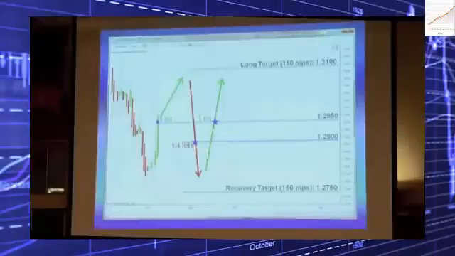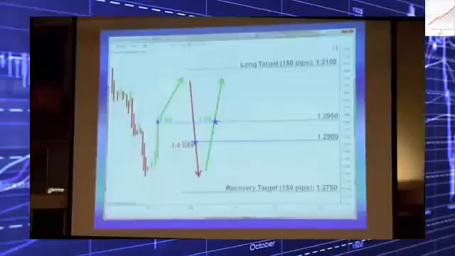So I've got 1 + 1 is 2 going up. If I hit this target, then I will have 2 lots in profit, 150 pips, which is plus 300. Now I will have 1.4 lots, 200 pips down, which is minus 280.